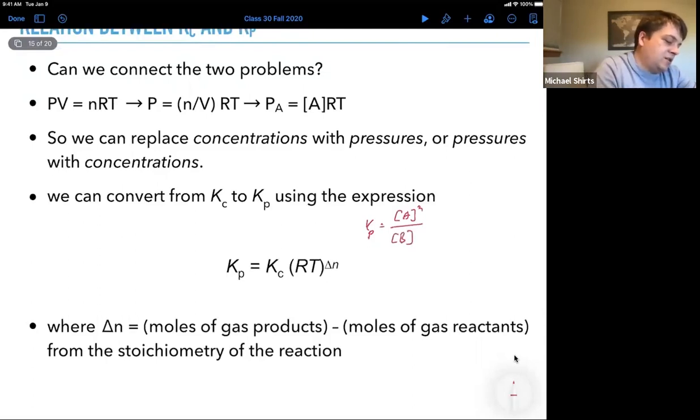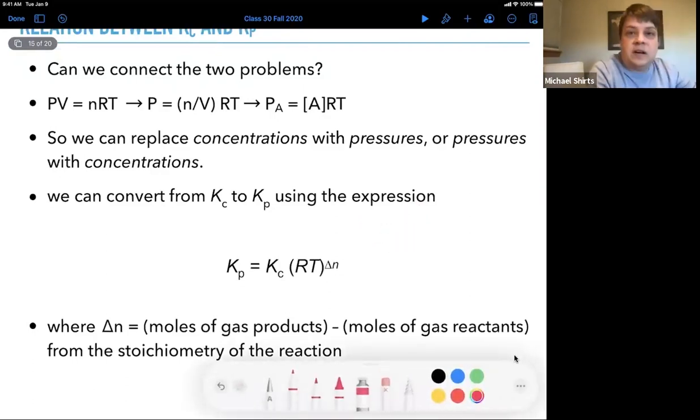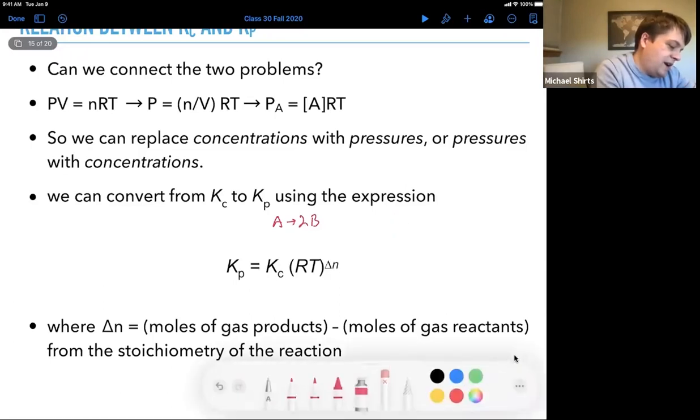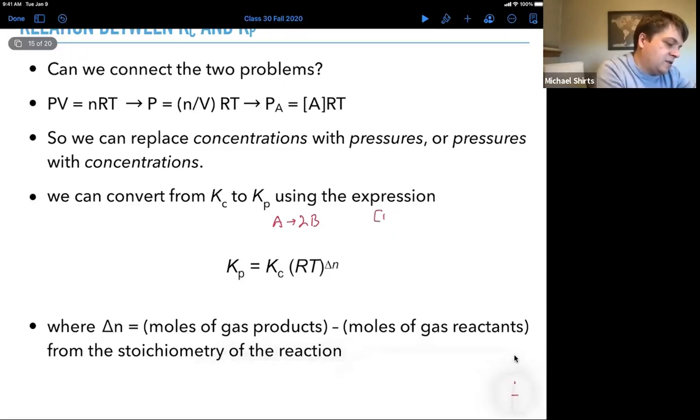Okay, so I should write that in terms of partial pressures so it's super clear. So our reaction is, let's do it, A goes to 2B. Let's just do that. Okay, so for this reaction, we'll have partial pressure of B squared over partial pressure of A. This is Kp.